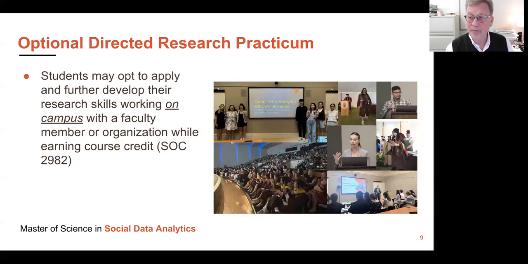The research practicum involves students registering for a course under the direction of a faculty member who provides mentoring and supervision of the research experience. For some students, this is a good idea, particularly if they can align themselves, connect themselves with the right research experience.